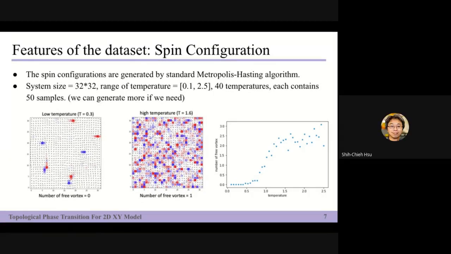So the number of red minus the number of blue, the residual defines the number of free vortices. Is that right? Yes. Okay, got it. Wow. So in the middle there, you probably have say 100 blue and 99 red, and then the difference is 1. Then the number of free vortices is 1. Yes. Oh, okay. Interesting.